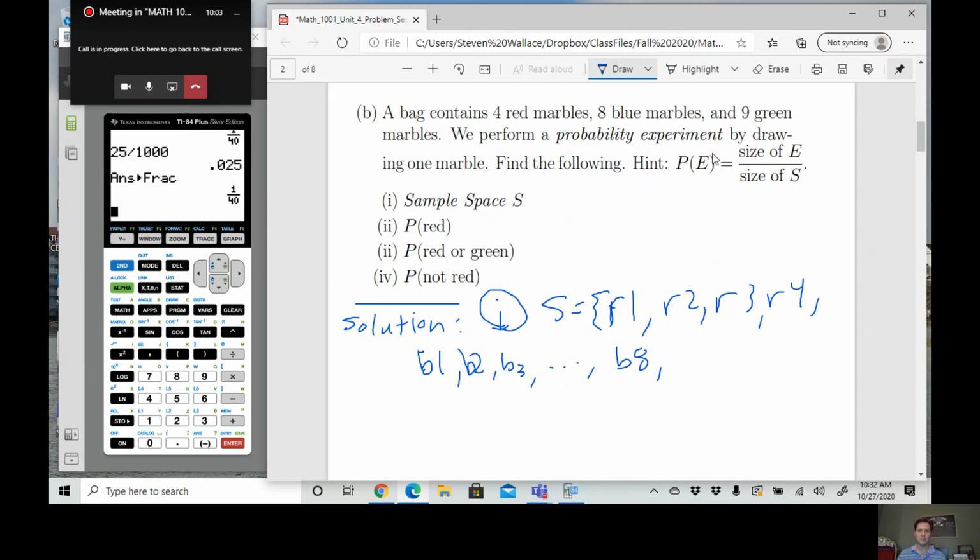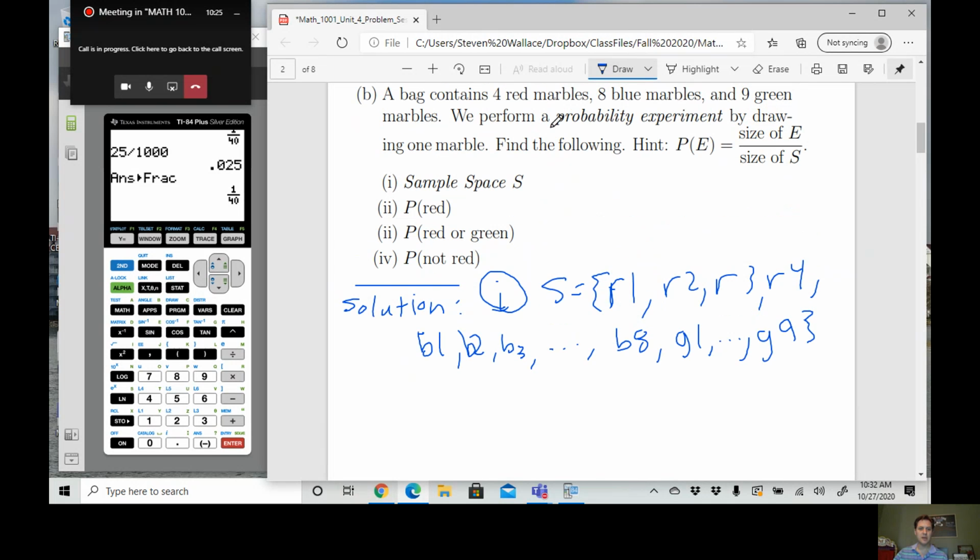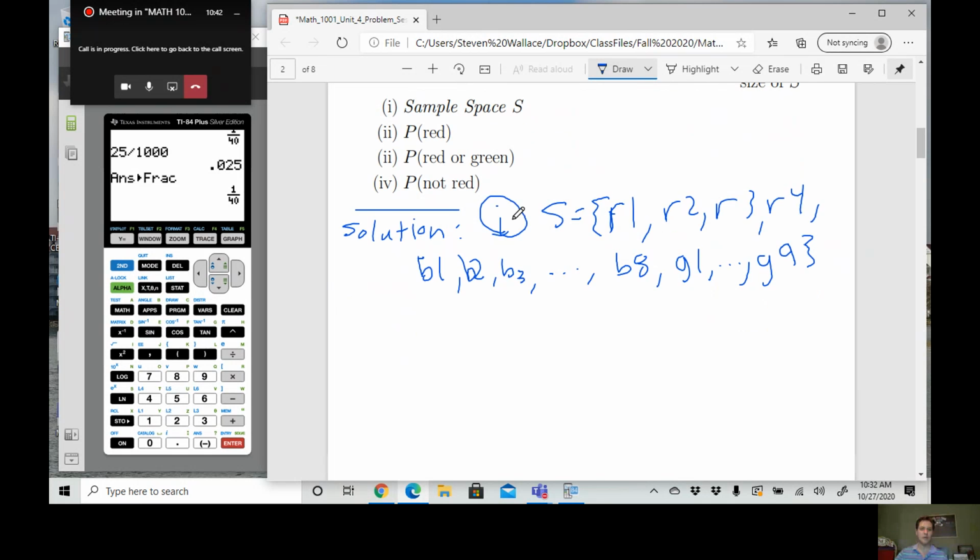So each of those would be a different possible value in your sample space. Green 1 all the way up to green 9. And so those are all the possible things that we could get if we pick out one marble. So I could either get a red, a blue, or a green, but thinking about them as having numbers will allow you to count them correctly when we're doing probability.